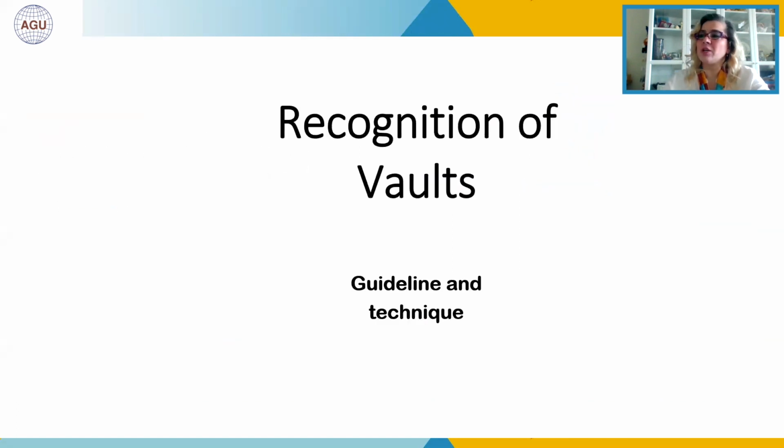And if we move to the recognition of the vaults, we have some guidelines and techniques for the recognition. This is very important for the D panel while evaluating the vaults. We will move one by one, step by step, and we will compare the similar vaults together to differentiate between the two vaults.